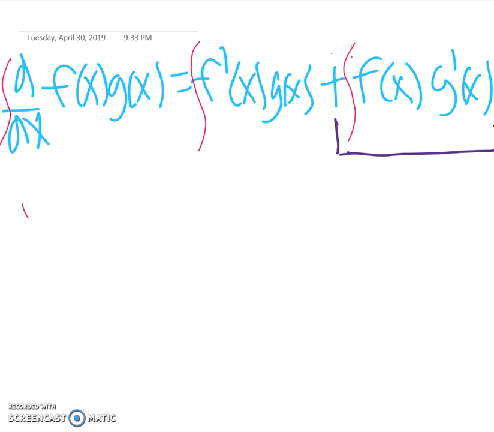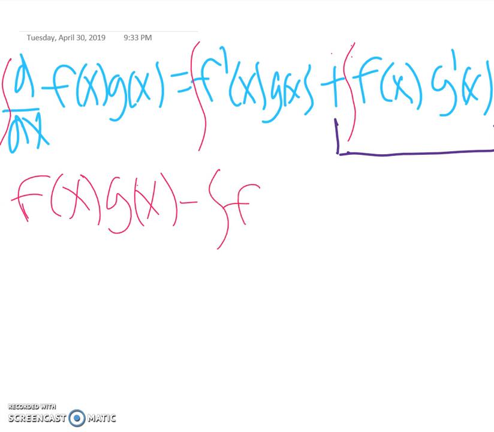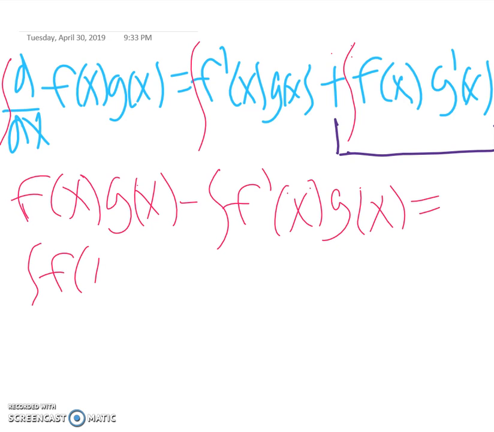We're going to get f of x times g of x minus the integral of f prime of x, g of x, and that's going to equal the integral of f of x, g prime of x.